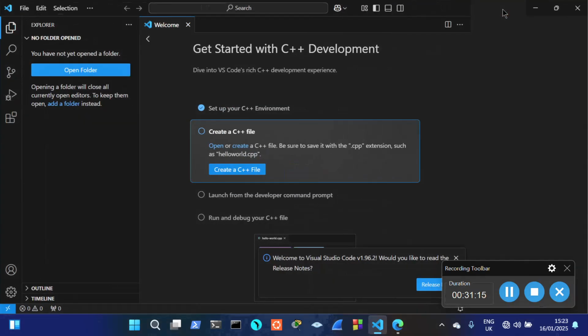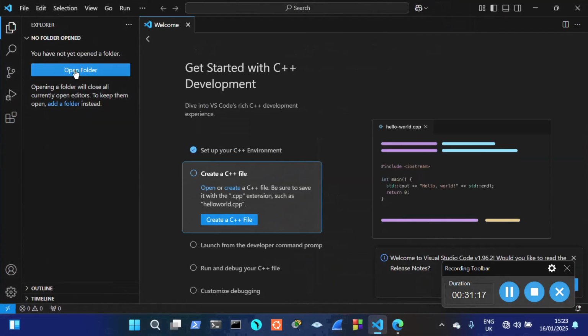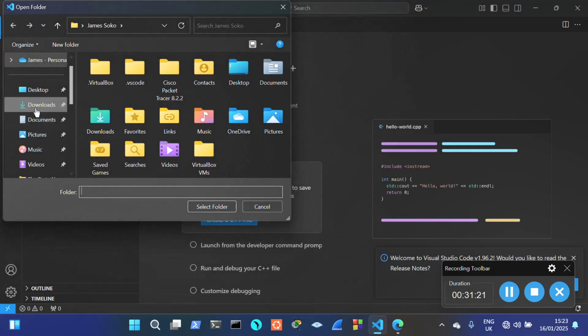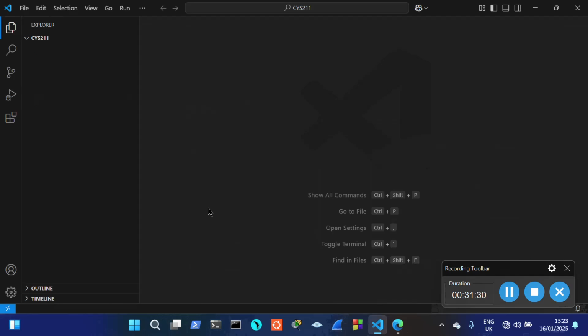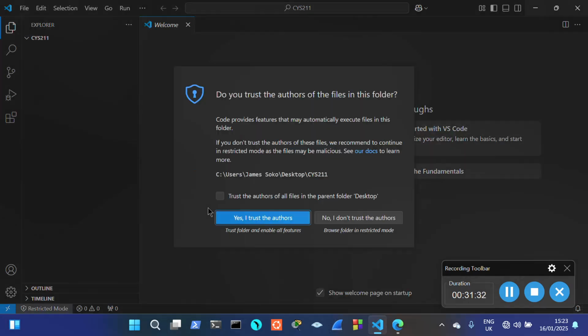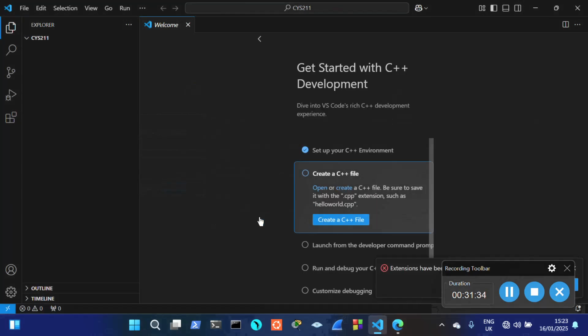So the first thing we're going to say is open folder. The folder is on our desktop and it's named CYS211. So we select that folder. Inside our folder, just say yes, I trust the authors.